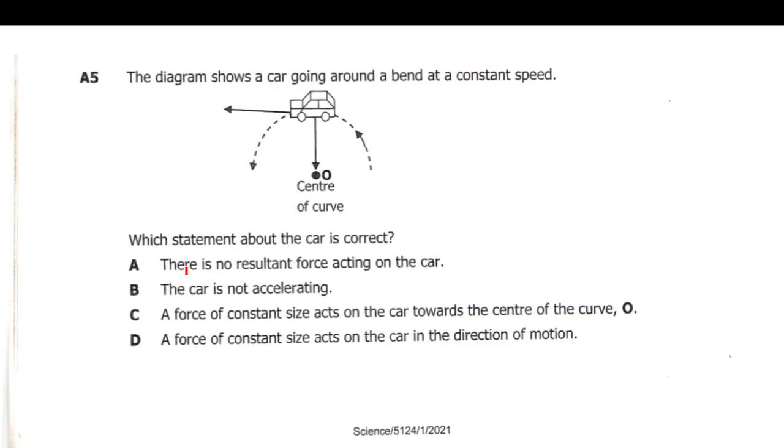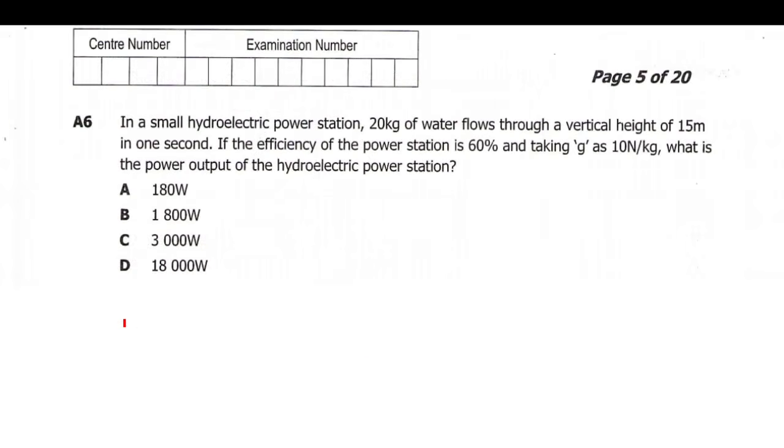This leaves us with two options: A, no resultant force acting on the car, and C. There is actually a resultant force, which is causing it to continuously move. C says a force of constant size acts on the car towards the center of the curve. I think this one is the best answer. So let's go for 6.